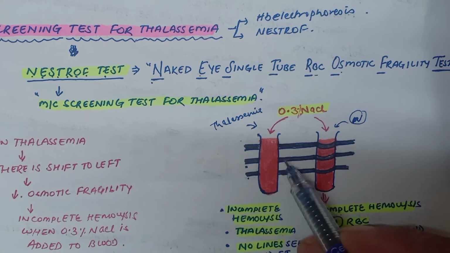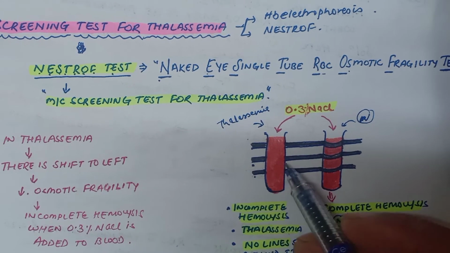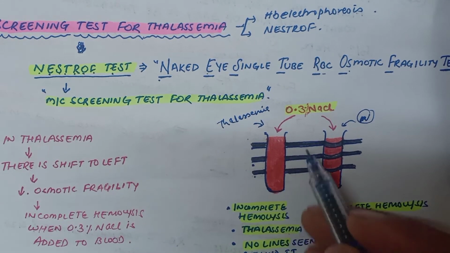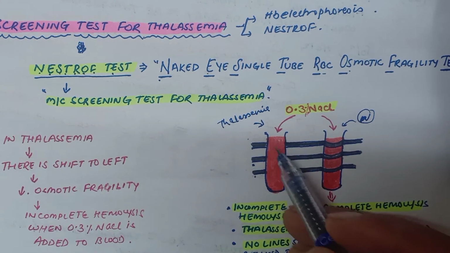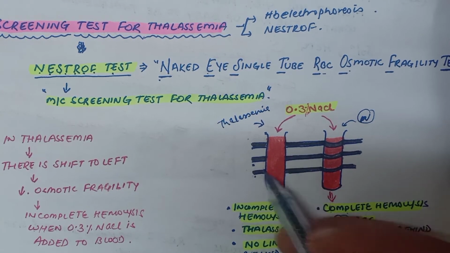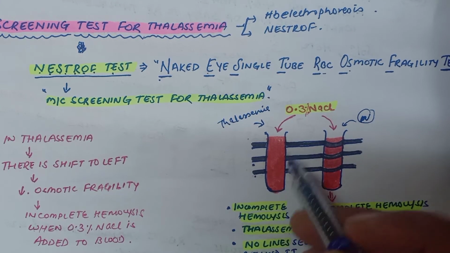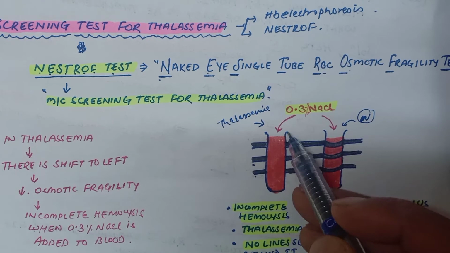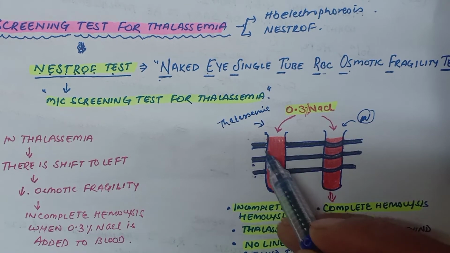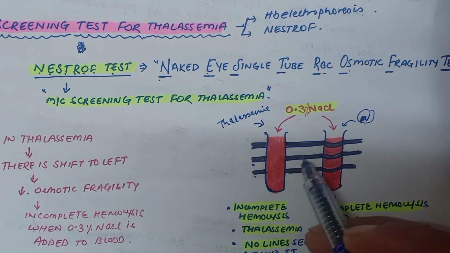So in thalassemia there is shift to left, that is, the osmotic fragility will decrease. Because of decrease in osmotic fragility, there will be incomplete hemolysis when 0.3% of sodium chloride is added to the blood.